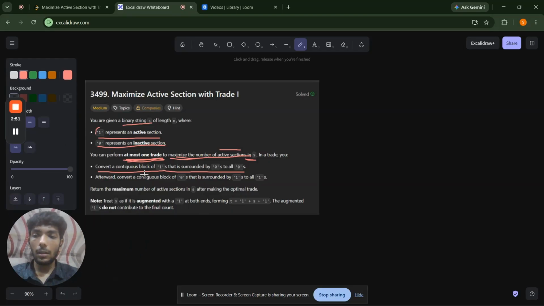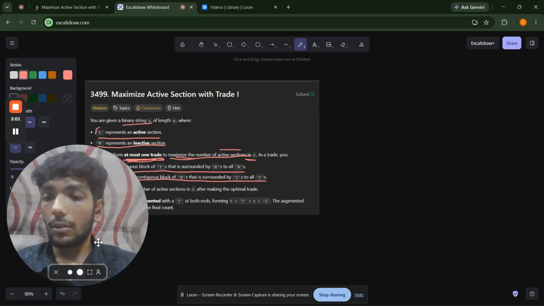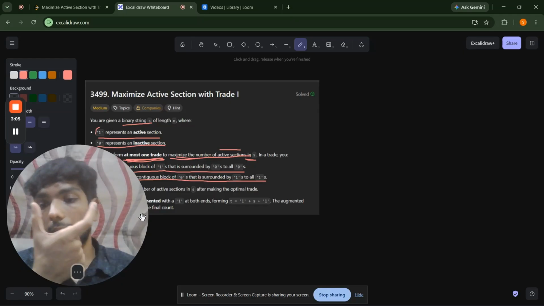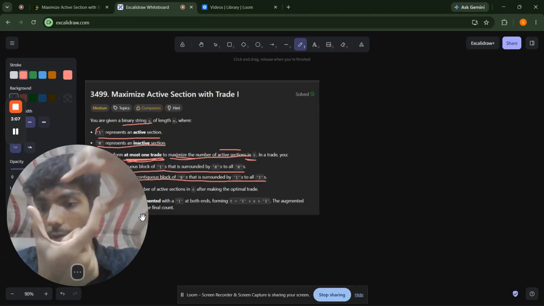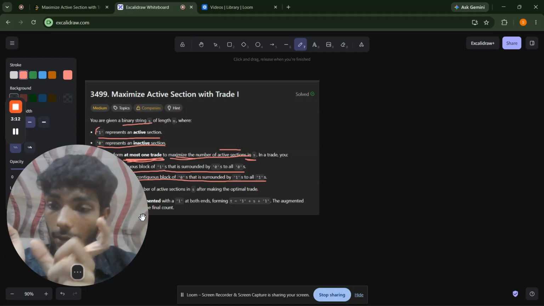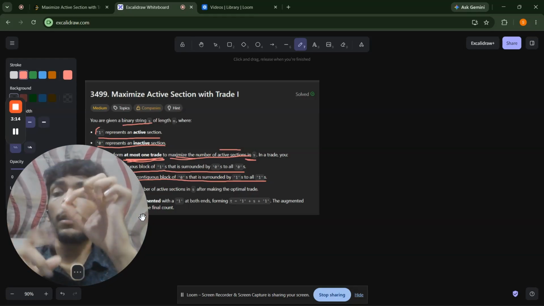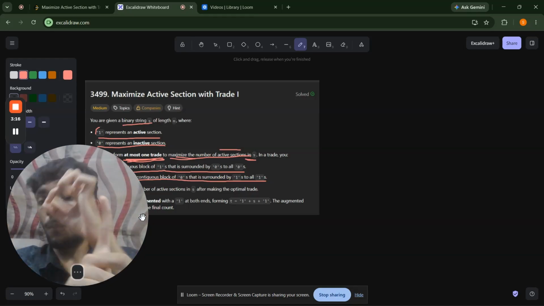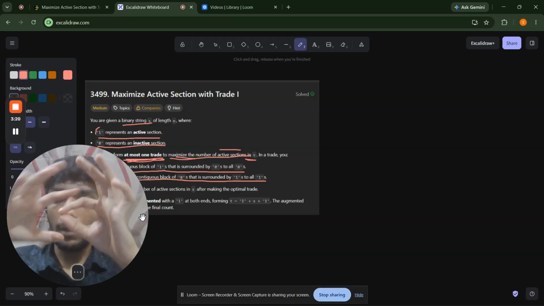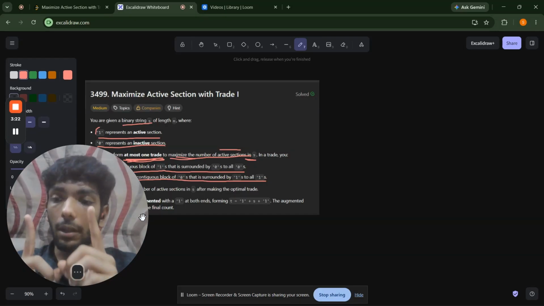Afterward, convert a continuous block of zeros that is surrounded by ones to all ones. So after we have converted that block of ones which is surrounded by zeros to zeros, now we need to find another block of zeros which is surrounded by 1 from both sides, and we will convert that block to ones.